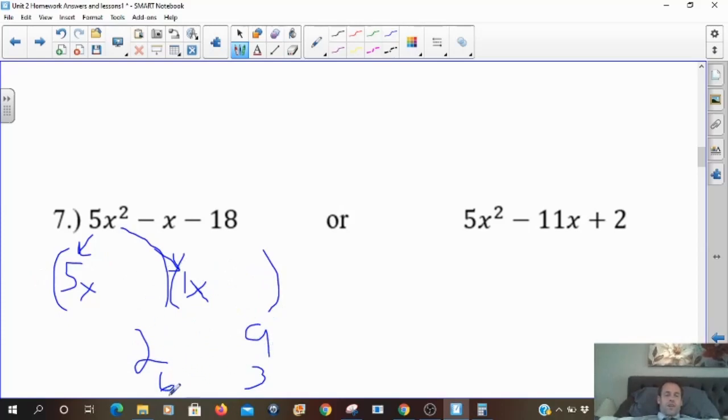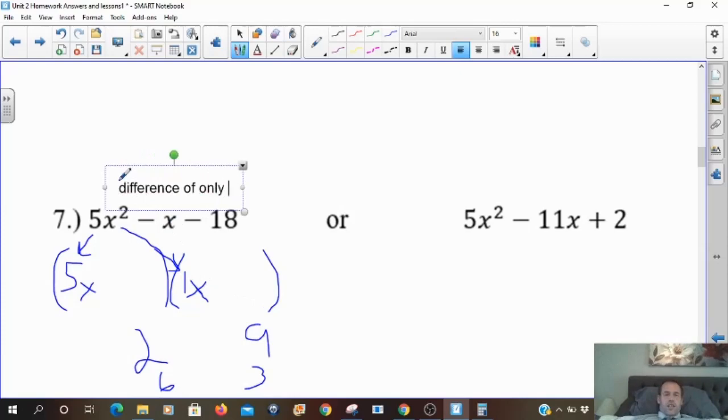So if I maybe put a 6 here, 6 and 5 would be 30. That's too big. We need a difference of only 1, because that's the middle term. So maybe 6 and 3, maybe no, maybe 3 and 6. 3 times 5 is 15, minus 6 is 9, no. Maybe 2.